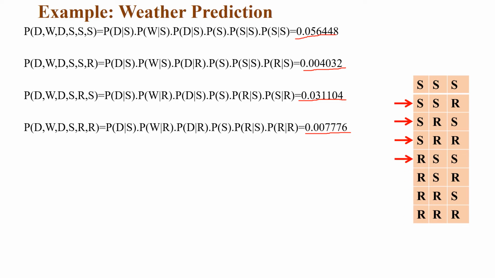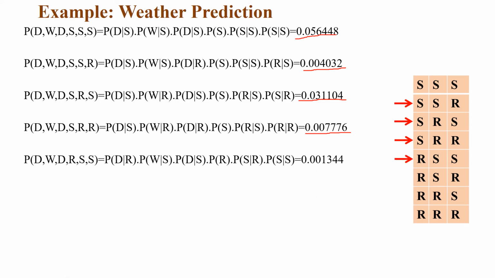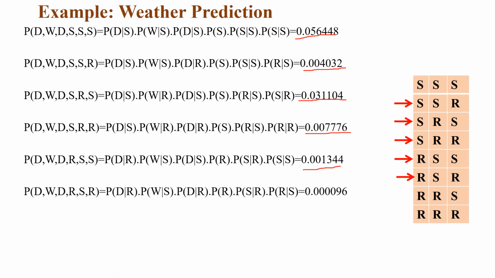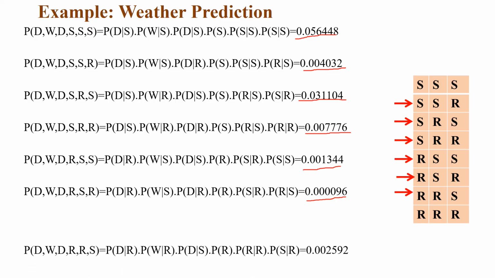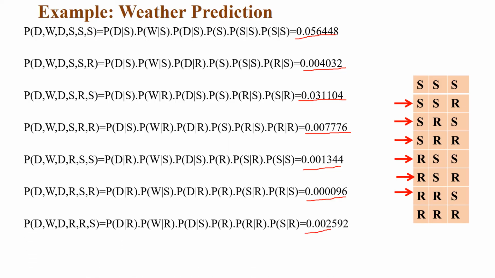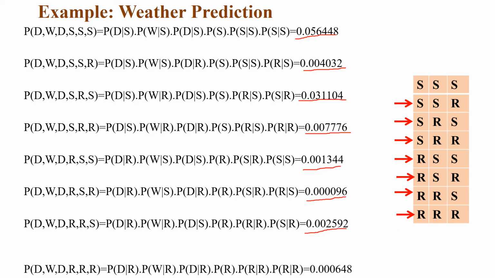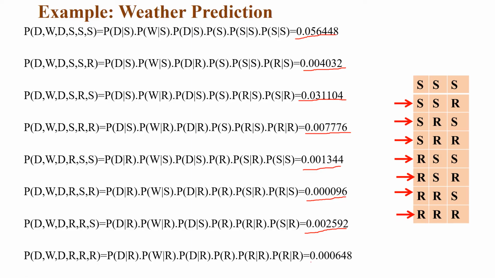For rainy, sunny, sunny, the probability is 0.001344. For rainy, sunny, rainy it is 0.000096. For rainy, rainy, sunny it is 0.002592. For rainy, rainy, rainy it is 0.000648.